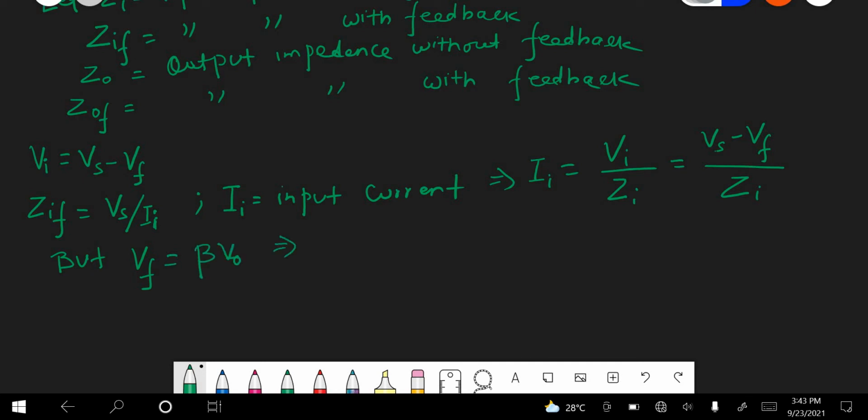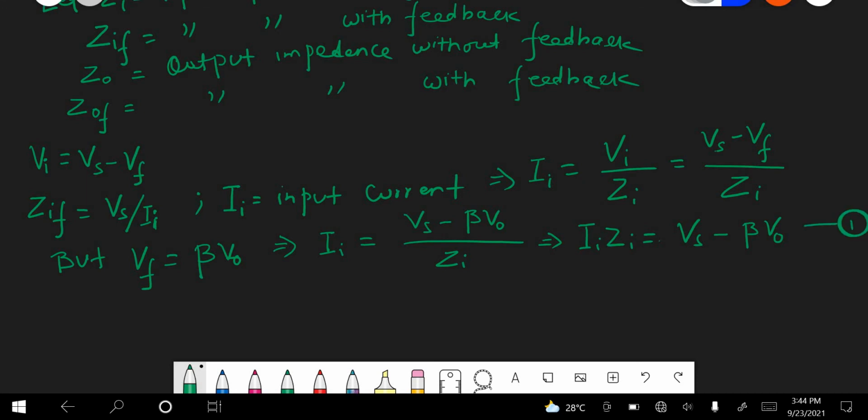So this input current Ii becomes Vs minus beta times V0 divided by Zi. From here, Ii Zi is equal to Vs minus beta V0. So this is, for example, equation number 1.